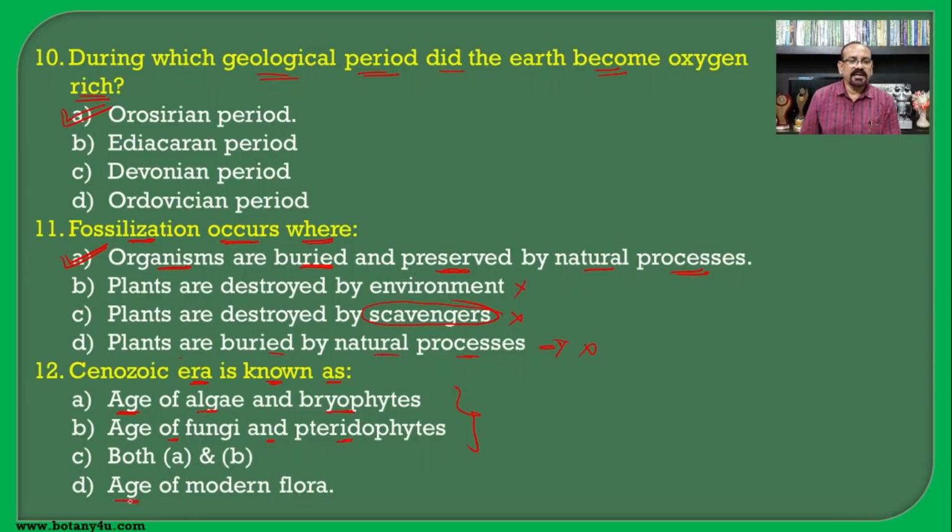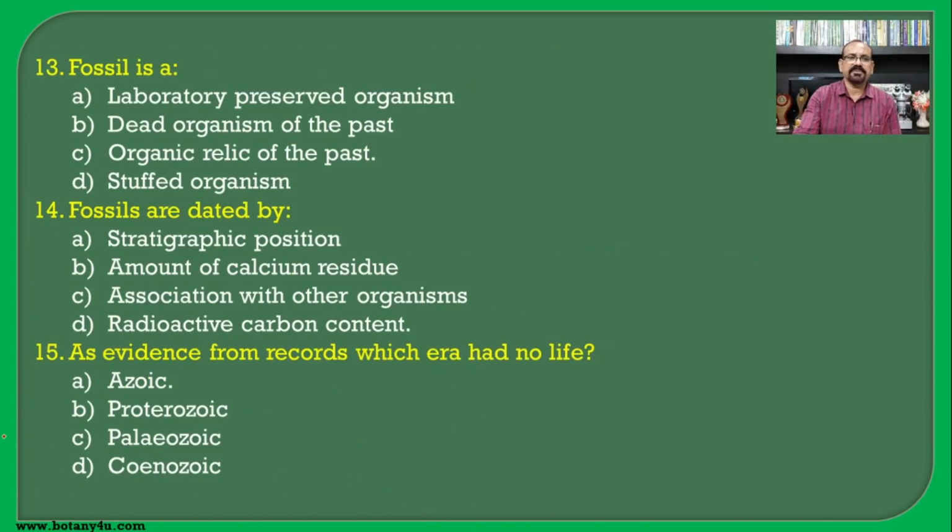So the Cenozoic is the age of modern flora, that is, the angiosperms. Earlier there were gymnosperms, but later the gymnosperms were replaced by angiosperms, and hence most of the flora available in the world now is angiosperms, which is considered modern flora. Hence the Cenozoic era, the modern or recent one, is the age of the angiosperms.